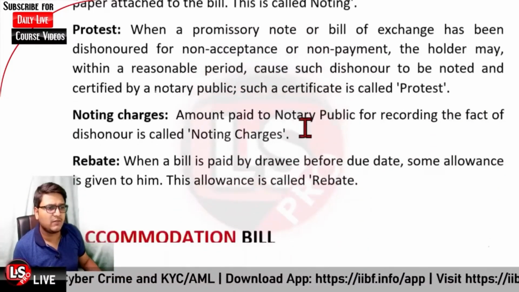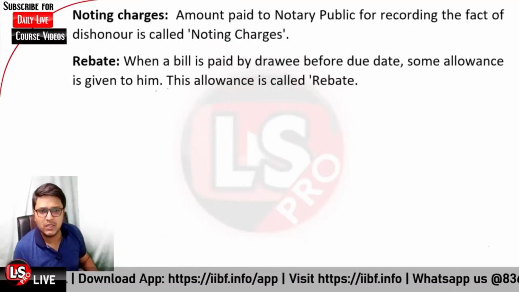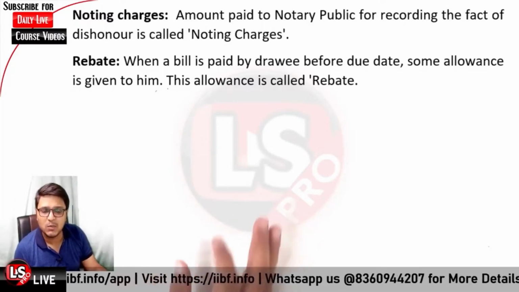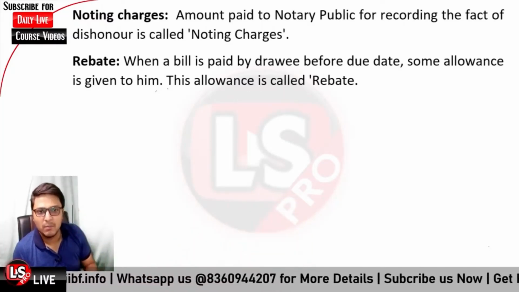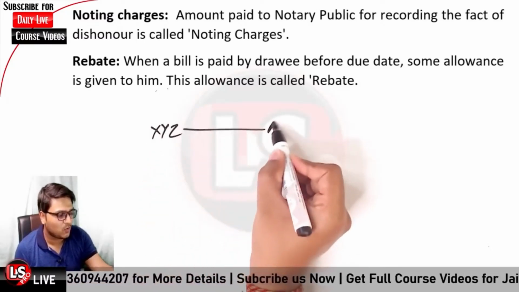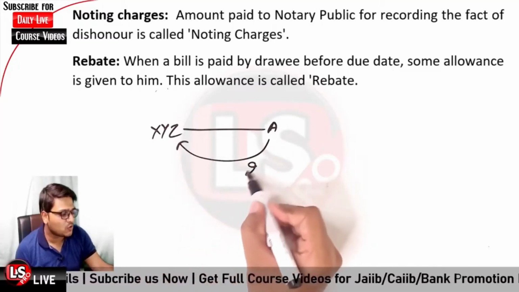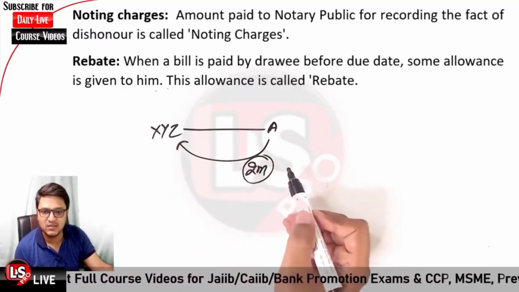Okay, let me explain to you with an example, because these concepts are very important if you want to learn about the journal entries of the bill of exchange. Now, as we know, the bill of exchange was drawn by XYZ and was given to A and further accepted and given back to XYZ over here. The amount was to be paid back after 2 months. Okay, so usance period is 2 months in that particular case.